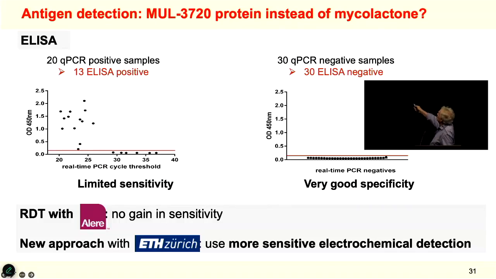We have identified a particular protein which is suitable for a rapid diagnostic test, which can be nicely extracted from the surface of the bacteria. It's again an antigen capture assay, so we have excellent specificity.